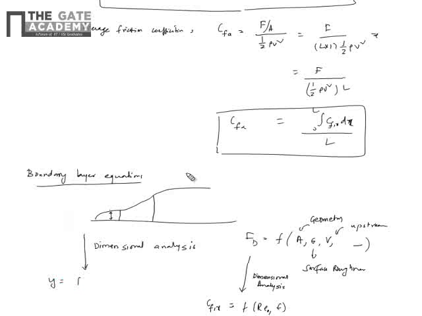This normal distance will again depend on the surface velocity, geometry, fluid velocity, everything. And when I do the dimensional analysis, I get the boundary layer thickness delta. Basically I get everything in terms of non-dimensional numbers. So the non-dimensional numbers involved in the boundary layer are the boundary layer thickness, the local friction coefficient, and the Reynolds number.